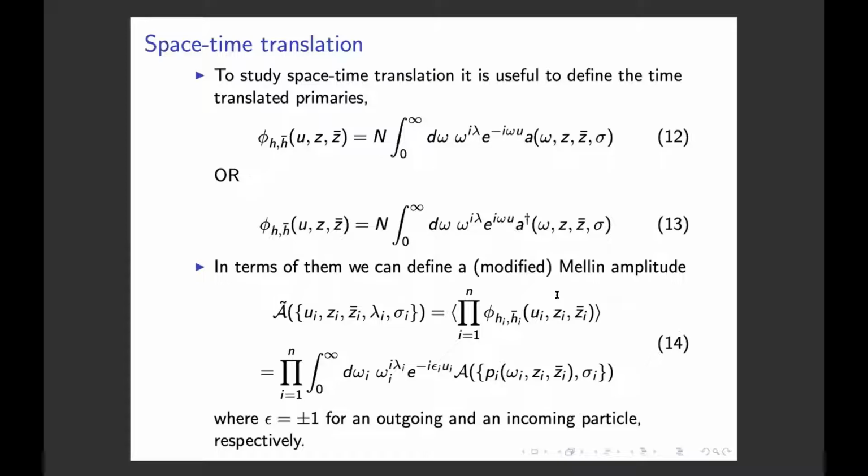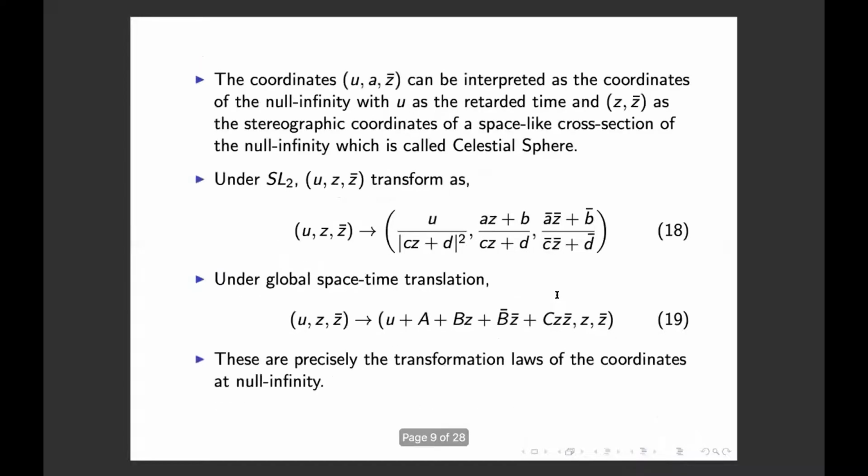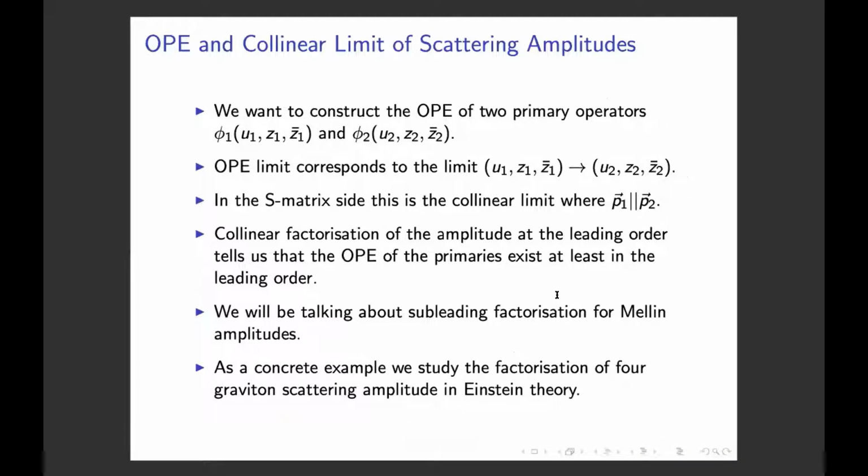Similarly, with u, z, z bar, these things look like some kind of three-dimensional object, where this phi of u, z, z bar is there on the null infinity. So we can talk about the OPE just like we talk about the OPE in quantum field theory, and in particular in conformal field theory, this is particularly useful and powerful.